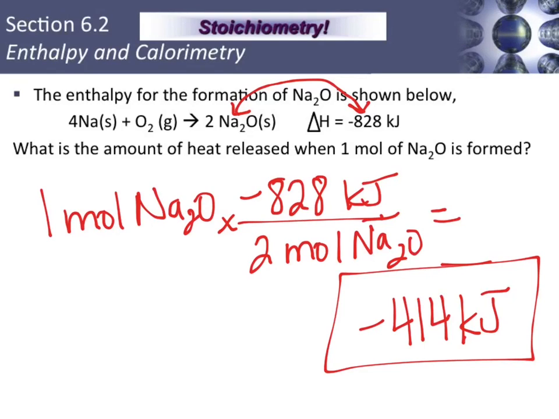So that's why it doesn't say per mole, because it's not exactly one. When it gives you that, it's giving you the value for the whole reaction. Now we know that it's for one: that is negative 828 kilojoules per 1 mole of oxygen, because oxygen has an assumed 1 in front of it. Okay.